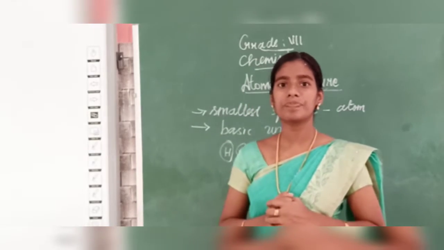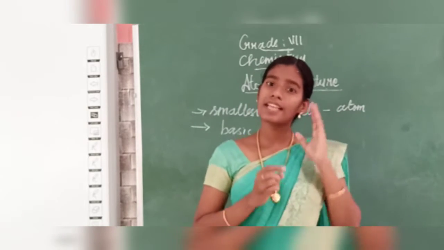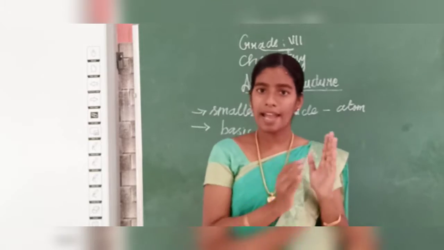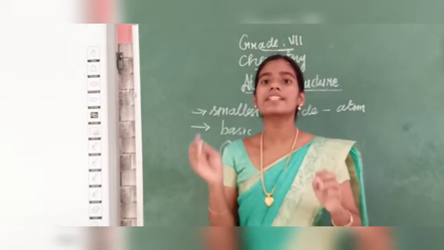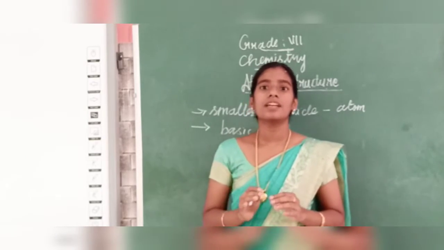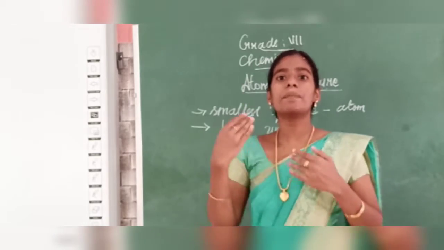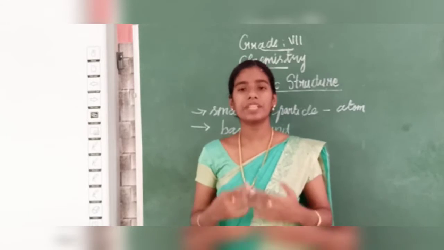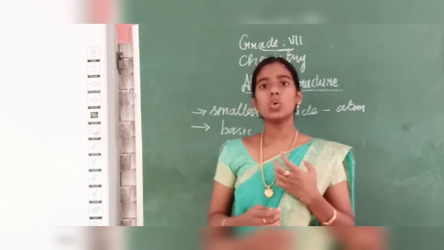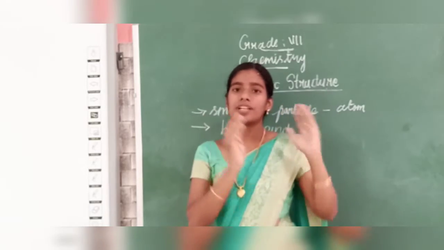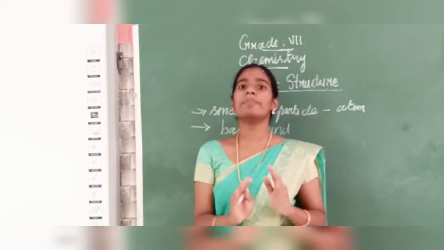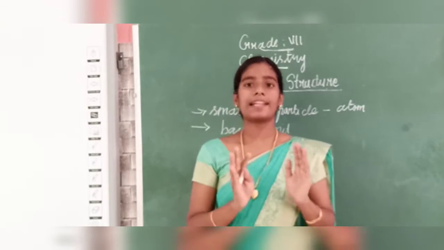Why is it rusting? Initially it is iron. It has only iron atoms. When it comes into contact with the air or oxygen present in the atmosphere, it starts to rust. So, when you consider a particular element, it will be made of only that atom.